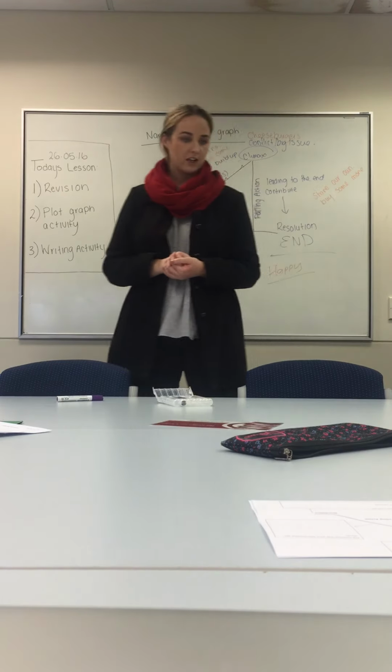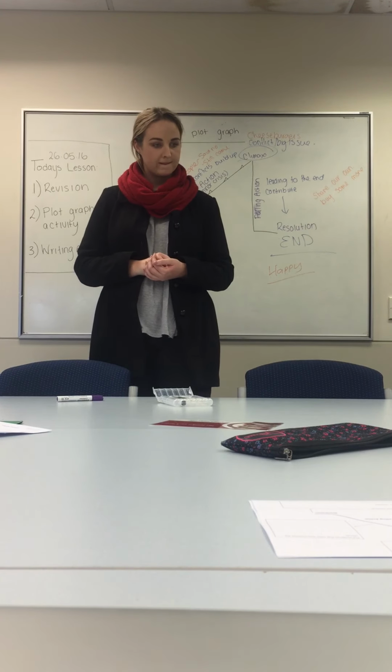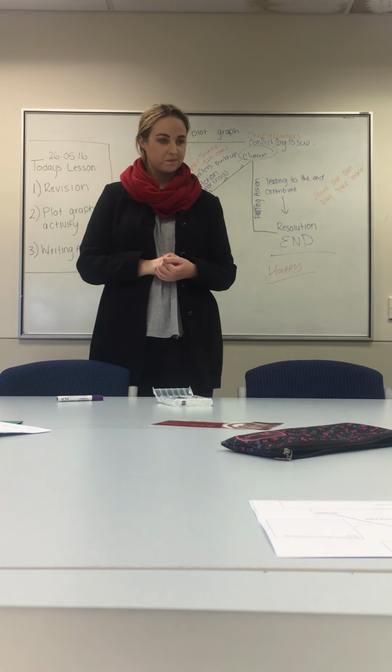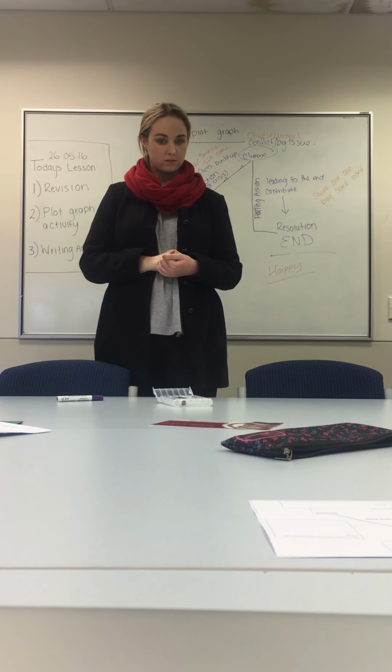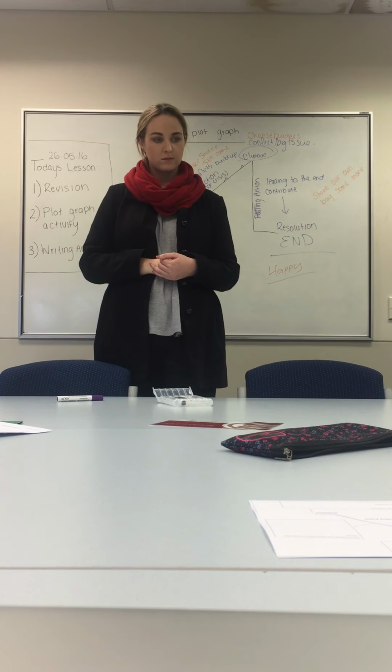Okay, John. What topic did you have? And can you tell me about your topic plot? My topic was cyclone, and my characters were a family, a mum and dad and a brother and a sister. The setting was at the beach, and it was midday. We went to the beach for the day, and the rising action was the weather changed. It started to get windy and dark.